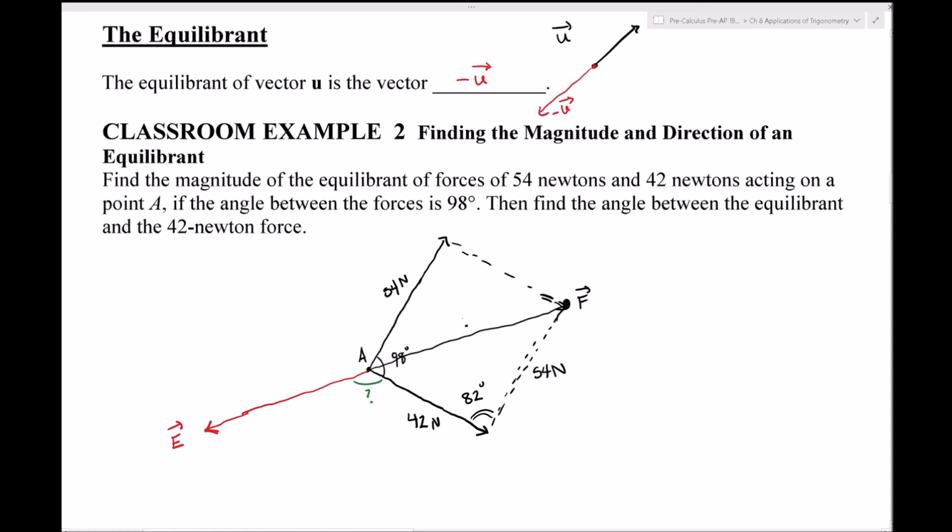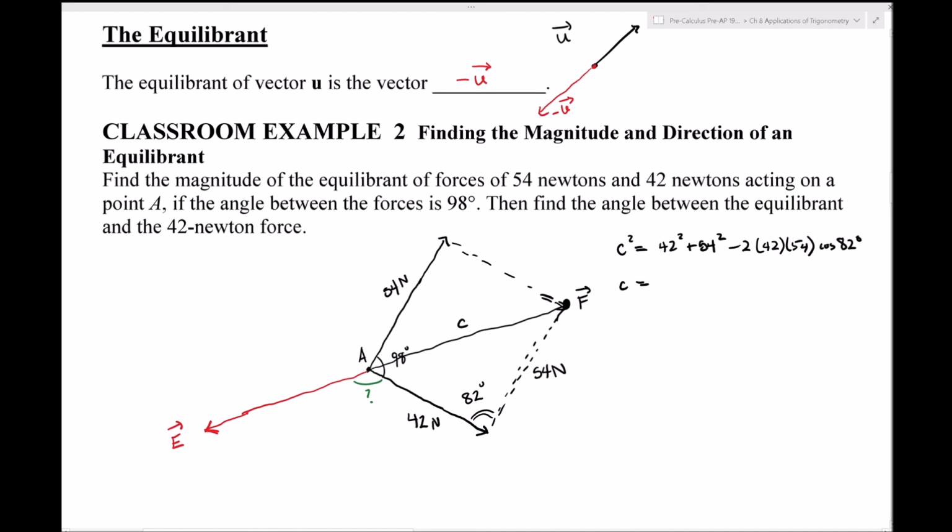So let's see. I'm going to call that one C. C squared is equal to 42 squared plus 54 squared minus 2 times 42 times 54 cosine 82 degrees. Plug that into the calculator really quick.